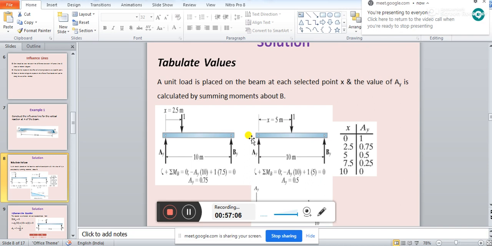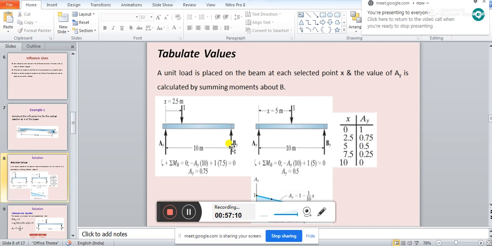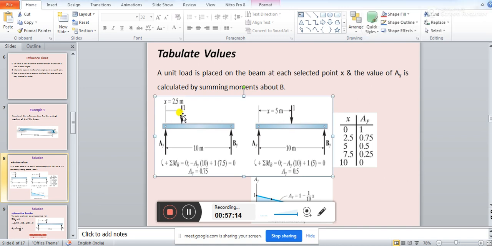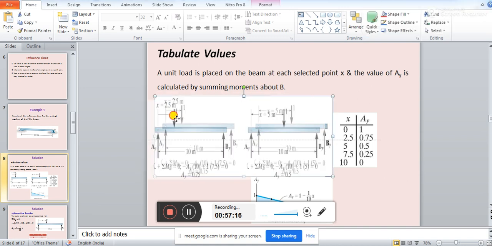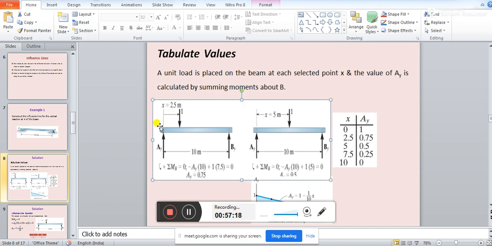To find out this reaction at A, first if you put this unit load over here, then what will be the reaction coming at here? Can anyone tell? How much will be the reaction at A?